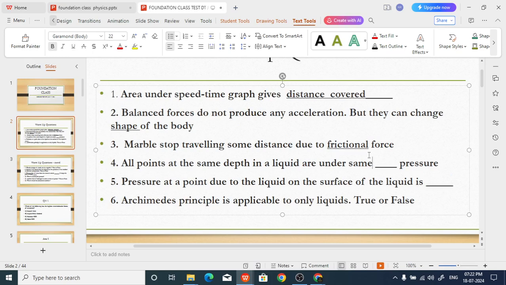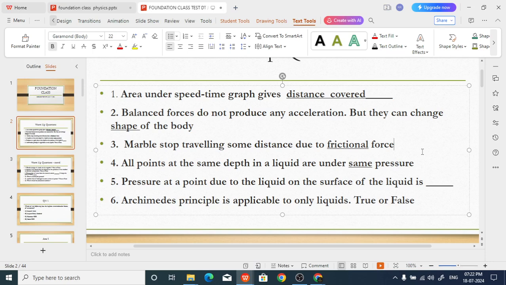Then pressure at a point due to the liquid on the surface of the liquid is dash. See, there is water in a beaker. What will be the pressure on the surface of the water? What is the equation for pressure? Pressure is rho g h.